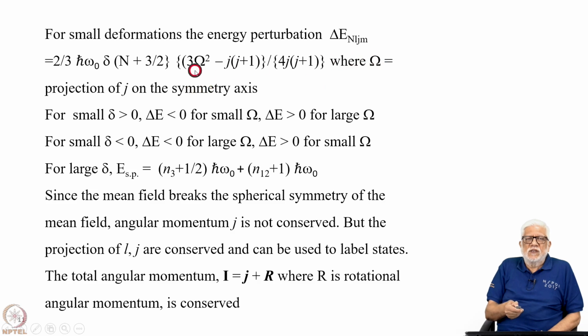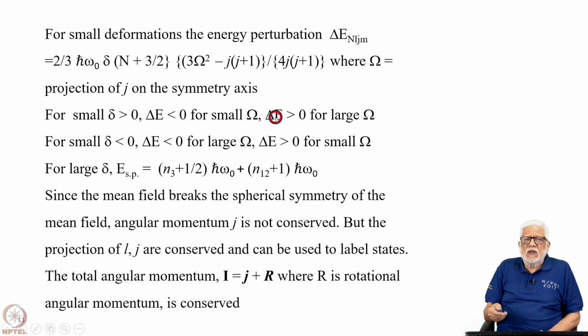So, the single particle total angular momentum j, its projection on the symmetry axis, is what is omega. So, this is 3 omega squared minus j into j plus 1 divided by 4 j plus 1. For small delta greater than 0, this correction is negative.